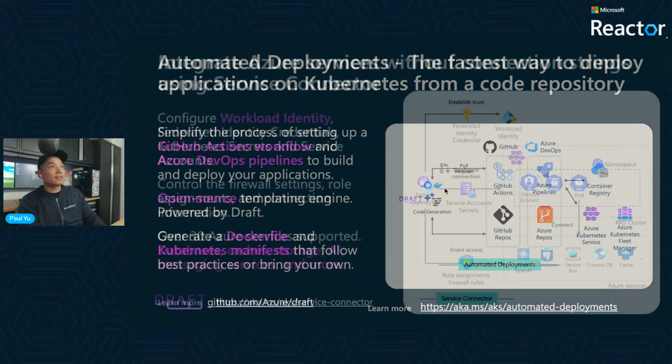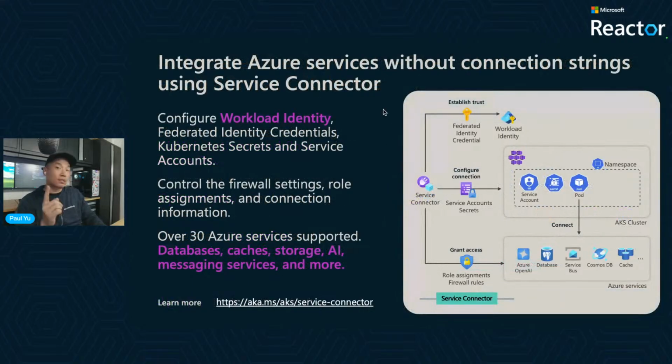The next thing here is Service Connector. We're going to touch on that next. Basically, Service Connector allows you to connect an Azure service, in our case Azure Cosmos DB, with an application that's running inside of our Kubernetes cluster. If you've done workload identity in the past, you will know that it's a little tedious to set up, right?